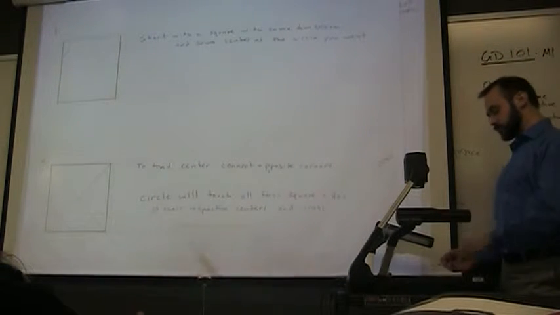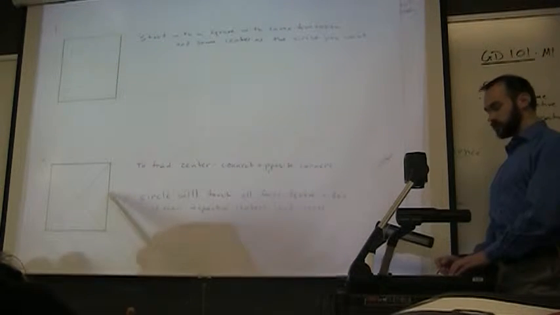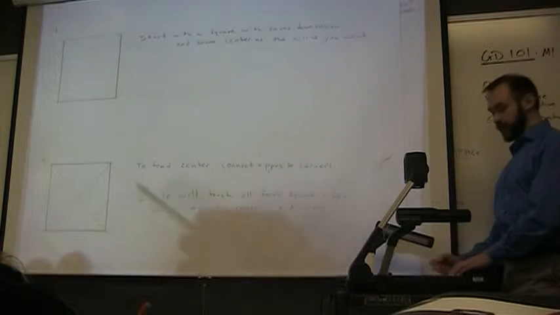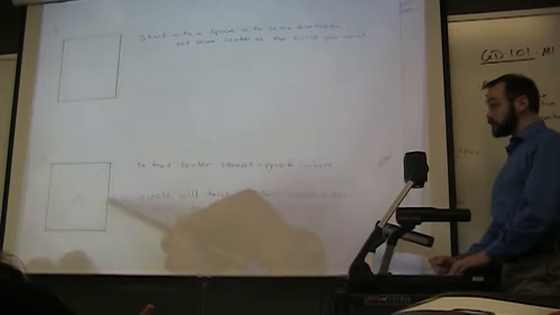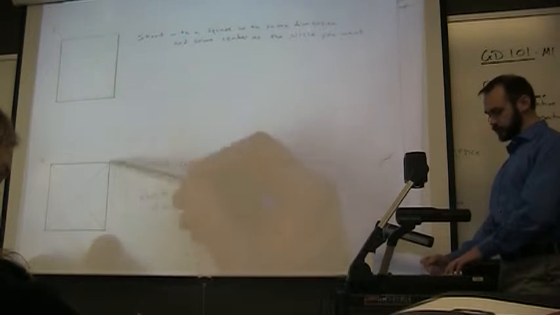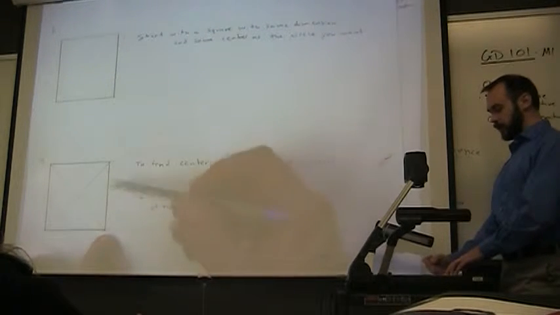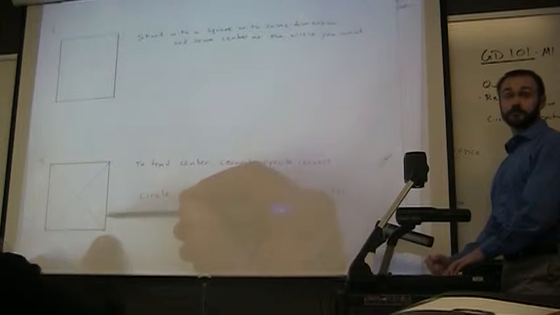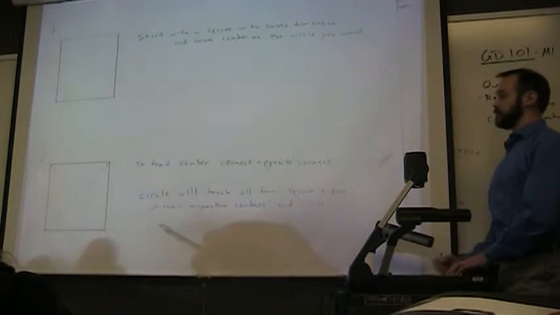So in other words, the circle is going to touch all four sides of the square, and it's going to only touch it in one point, and that point is the midway point of each of the four sides. So you look at the side and you find the center of that side, and that's what the circle is going to touch. Okay. And we'll be finding that in the next step.